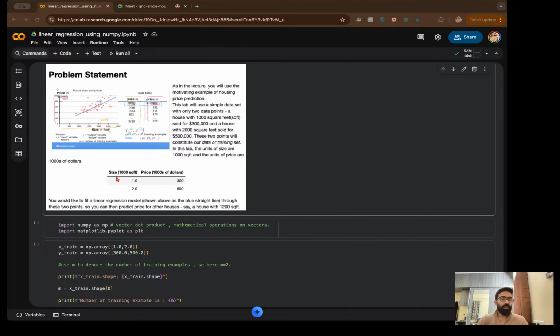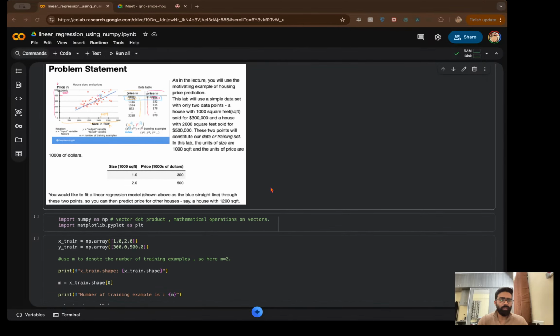The size is in 1,000 square feet, and the price is in thousands of dollars, correct? For our training data, I'm only taking two data points for simplicity. We can use multiple thousands of data points as well, but for simplicity we are doing it this way.